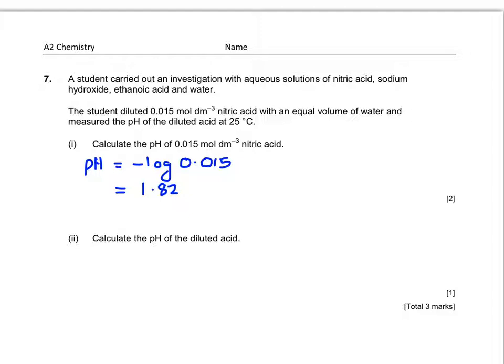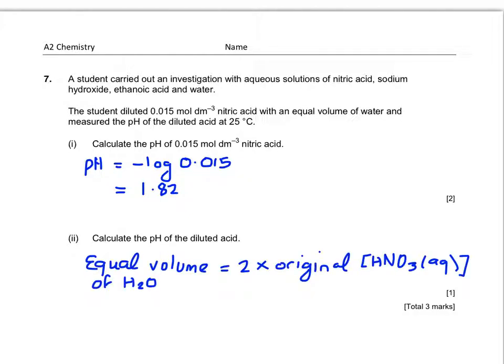So then it says the student diluted the nitric acid with an equal volume of water. So to do this final bit, you have to just think for a second, what does an equal volume of water mean? It means the volume is now double.